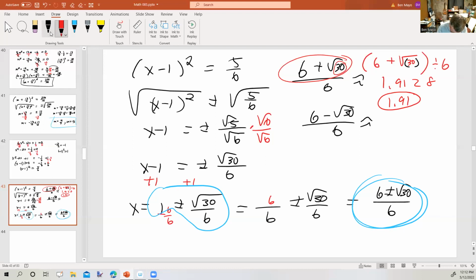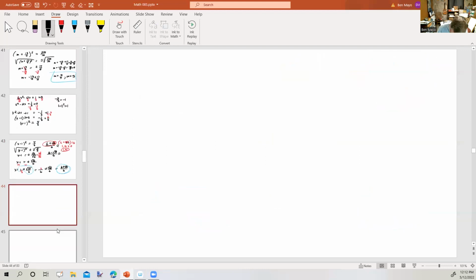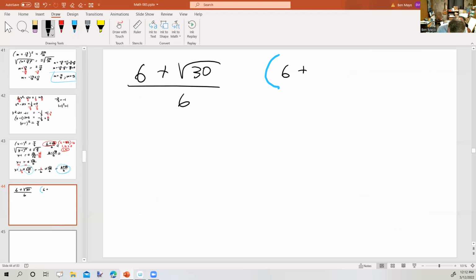Let me do this. 6 plus the square root of 30 over 6. On your calculator, you'd put a left-hand parenthesis, then 6 plus the square root of 30, and you've got that set of parentheses that's around the radical, and then you're going to close up the whole thing divided by 6.